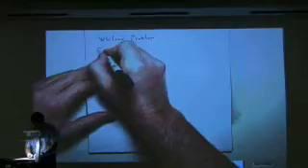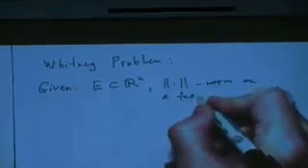So something is given. What is given? A set E in Rn and a norm or semi-norm on a function space on Rn. What do we need to do? Compute the following quantity.